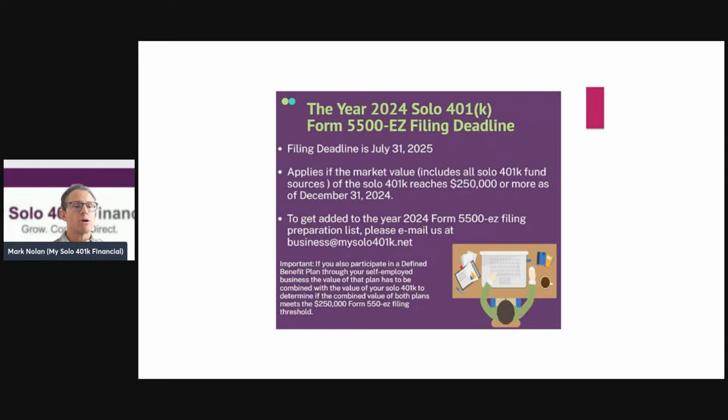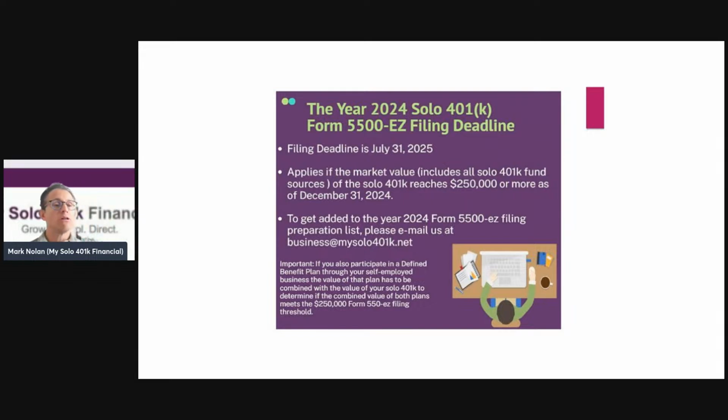You have to add those all together. And also, you have to include investments, your equity investments, your alternative investments. When added together, if the value is greater than $250,000, it's going to trigger having to file Form 5500-EZ, which is an informational return.